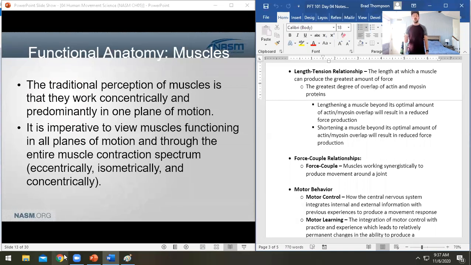And we also don't want to be the type of person, how often do you see somebody in the gym, they'll lift really heavy and they only train concentrically, right? I get it, the concentric part is what burns the most.